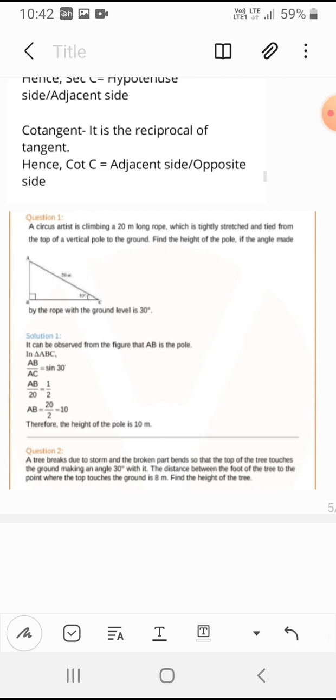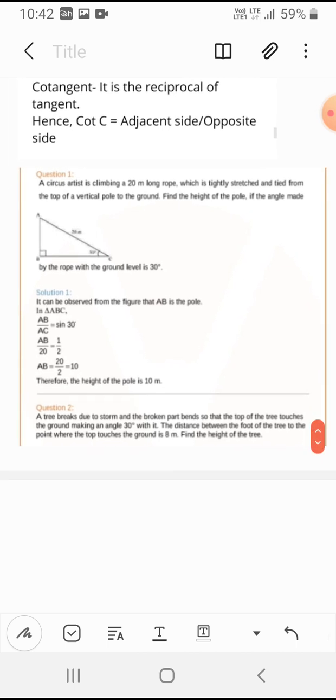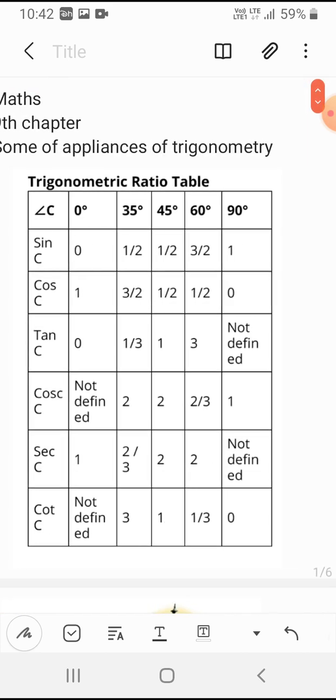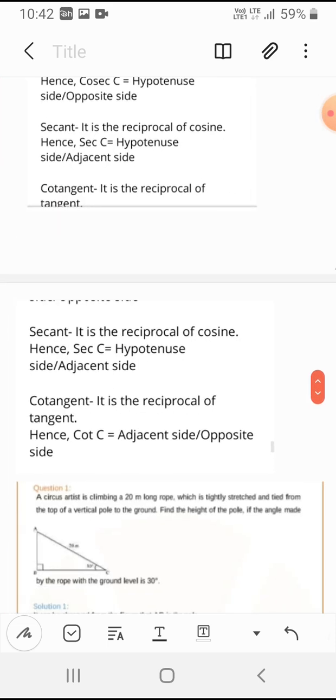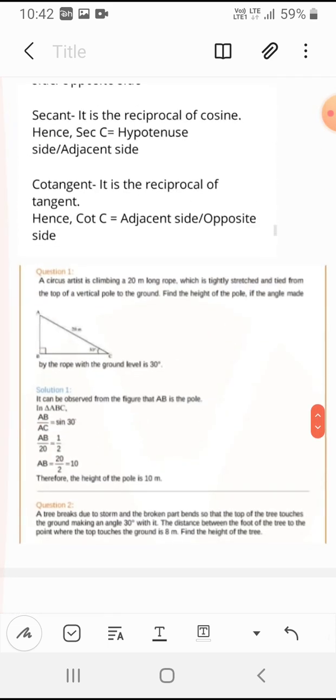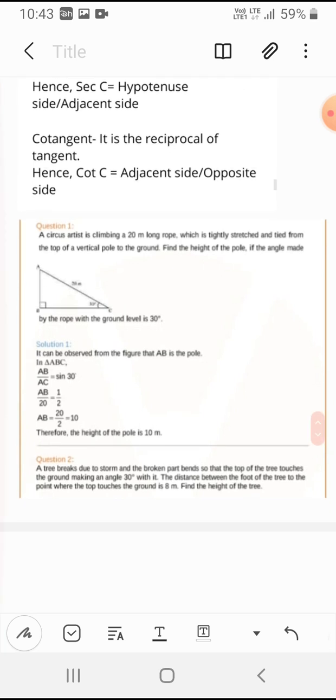If the angle made is theta equal to 30 degrees, let's take sin 30 equal to AB by 20, equal to 1 by 2. Sin 30 is 1 by 2. So AB is equal to 20 by 2. We get the answer as 10. This is the first question.